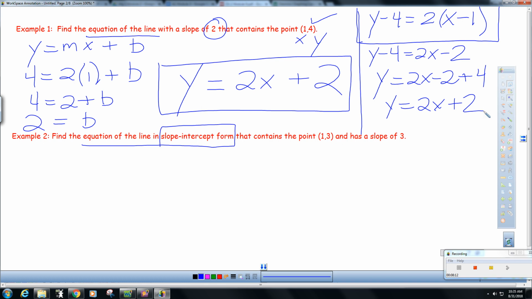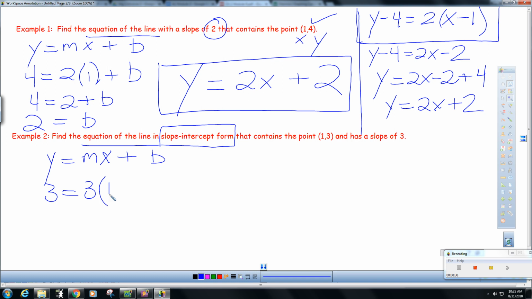Okay. Same thing. So now we got to do it in slope-intercept form. So this is what we want. So 3 equals, what's our slope? 3, what's our x?